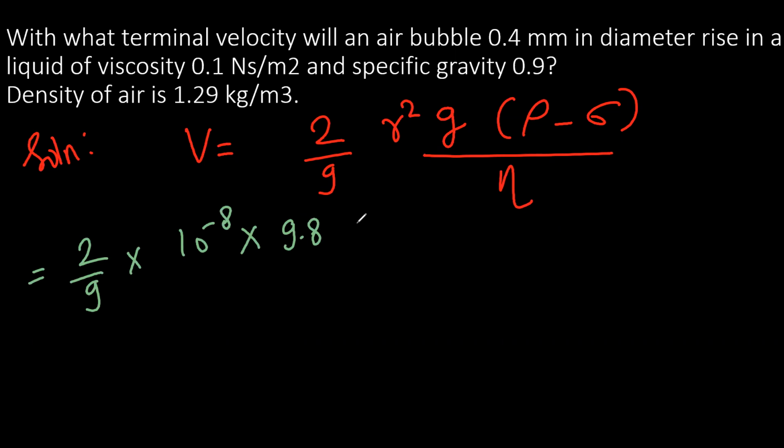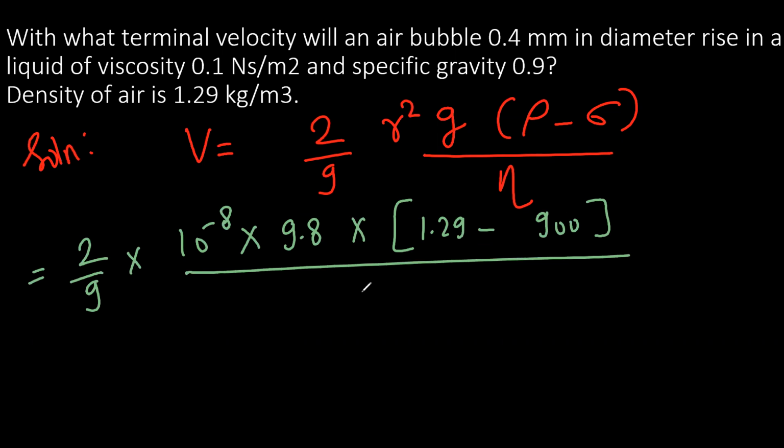This one is 1.29, and minus 900. मतलब also negative है, ठीक है? And divided by this eta, how much? 10 raised to minus 1.